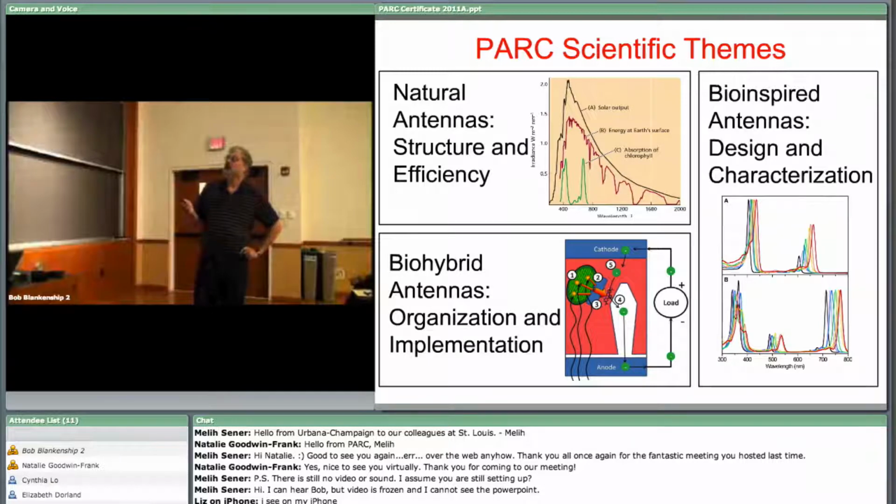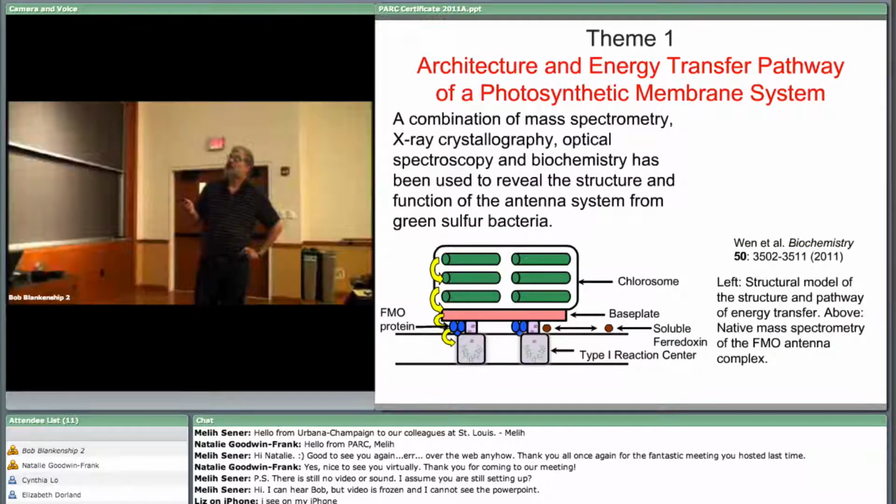biological bioenergy storage. So theme one, and this is just one example, and I took this from my own work, looking at the architecture and energy transfer pathway in the photosynthetic membrane system. We have used a whole combination of different tools: mass spectrometry, X-ray crystallography, optical spectroscopy, biochemistry, to really try to understand the structure and functional properties of this antenna system found in a certain type of bacteria.